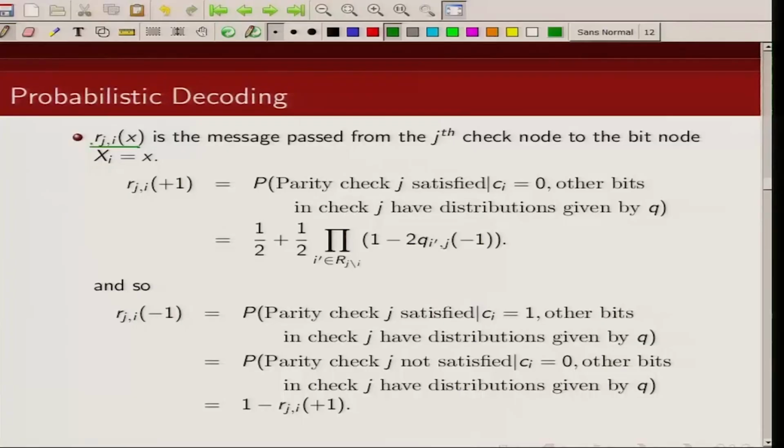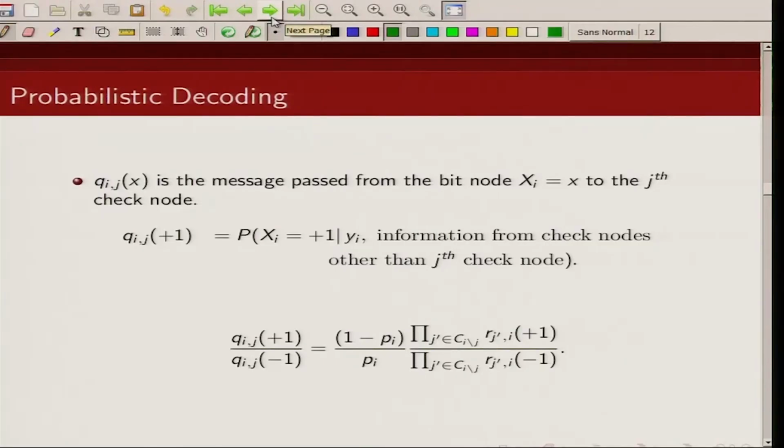So, what is RJI? RJI is the probability that the jth check node is satisfied given x is plus 1. So, this is the probability that the jth check node is satisfied given Ci is 0, and the other bits are given by the distribution given by this Q. Now, what is this Q distribution? We will come to it, so there are two types of messages.